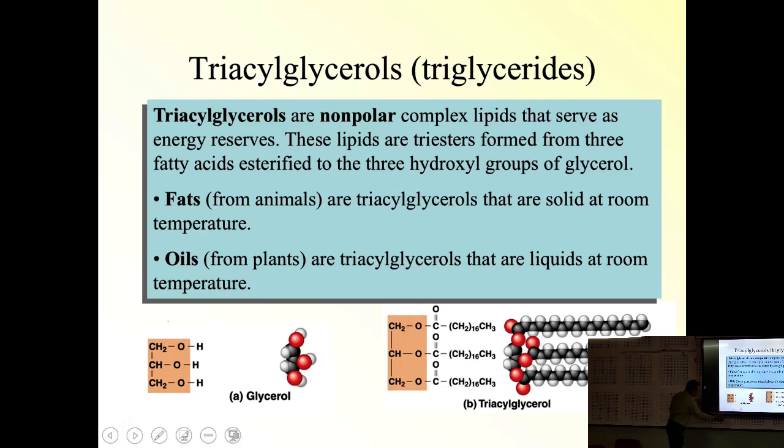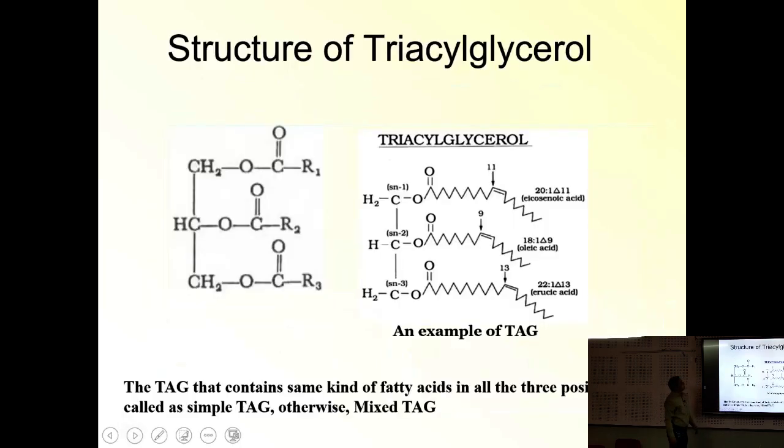So, the structure of triglycerides I will explain in detail with OCO, R1, R2, R3. These are the chains. So triacylglycerol that contains the same kind of fatty acid in all 3 positions, 1, 2, 3, is called simple triacylglycerol. Otherwise, mixed TAG is also possible.